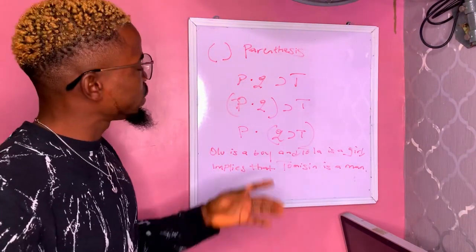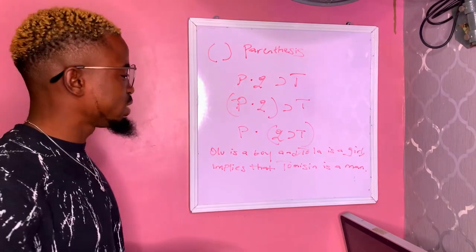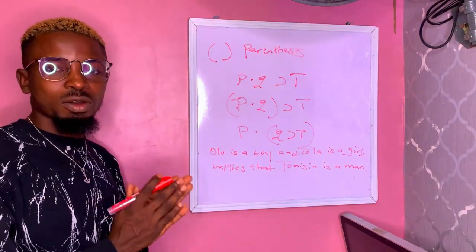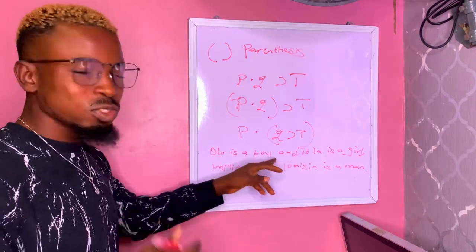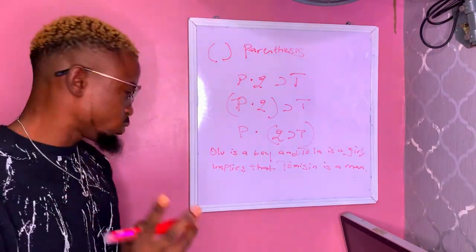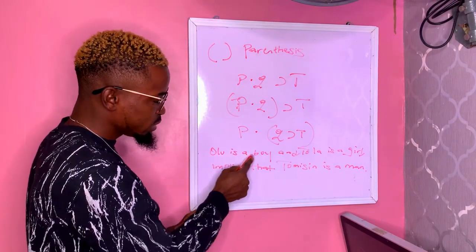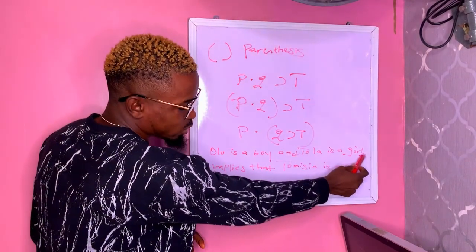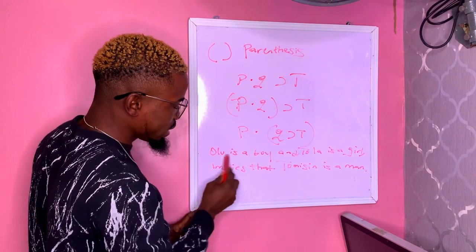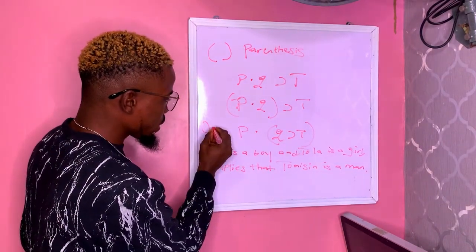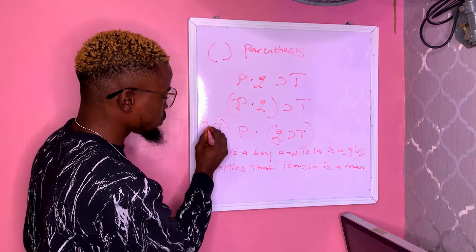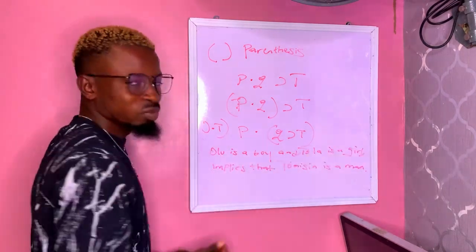Now, what I was explaining earlier was that anytime you are symbolizing, any sentence that comes immediately before a comma means one thing. If it is two in one, you have to group them together. Just like we have Olu is a boy and Tola is a girl. It's coming before a comma. That means these two are just one. You have to group them together. It has to be O and T. You have to group them together because it's coming before a comma.